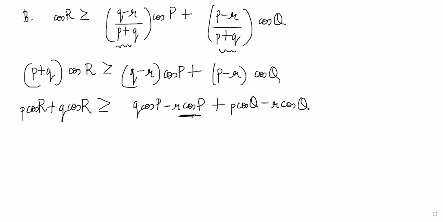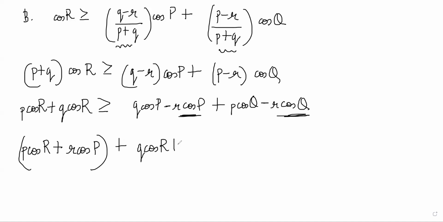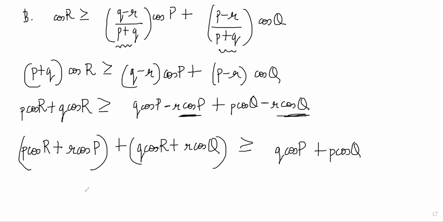So taking this R cos P on the other side, we have P cos R plus R cos P. And we can take this R cos Q also on the other side. We have plus Q cos R plus R cos Q is greater than or equal to Q cos P plus P cos Q, right?